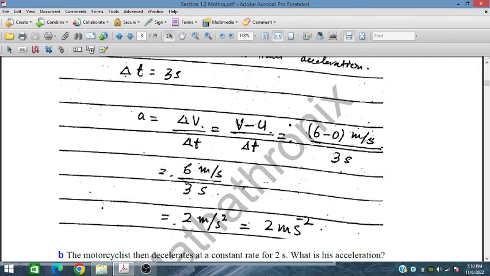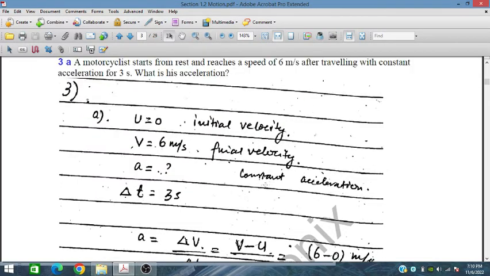So in the first second it goes from 0 to 2 meters per second, after 2 seconds it will be 4 meters per second, and after 3 seconds it will be 6 meters per second.